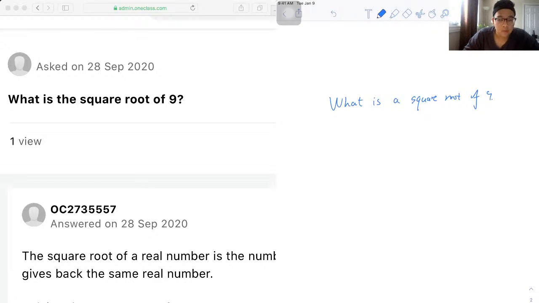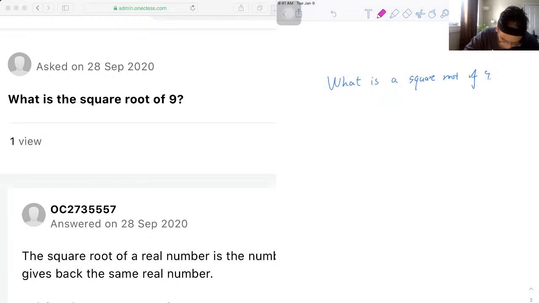Recalling the definition of square root, the square root of a real number is just a number that, when multiplied by itself, gives us back the same real number. So let's write this sentence down.